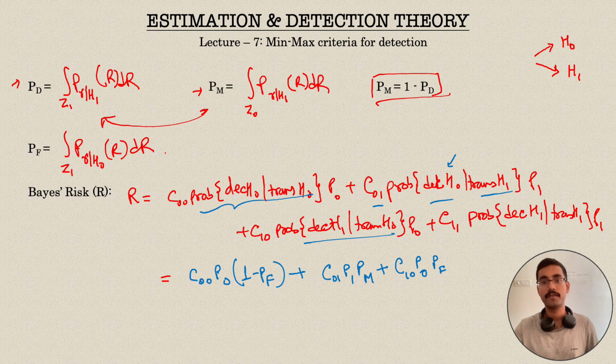So I have P of F, okay, plus the last case, that is C11 P1 and transmitted H1 and detected is also H1. So that means this has probability of detection because it was sent and it was detected as well. Okay, all right. So we can also write this PD as 1 minus PM.